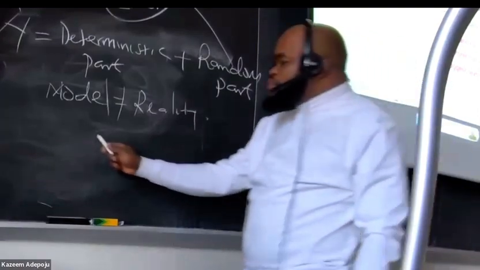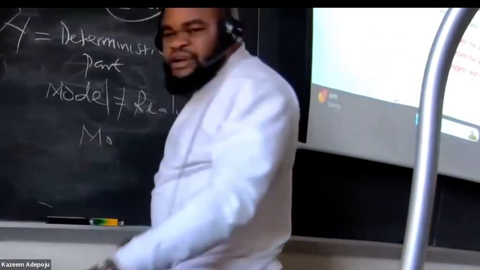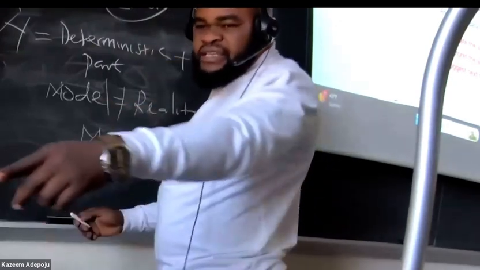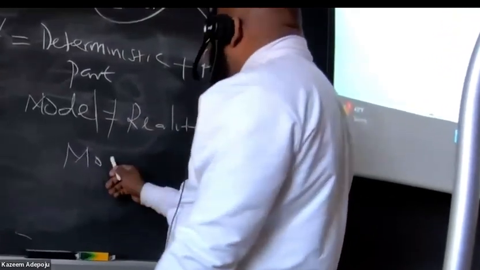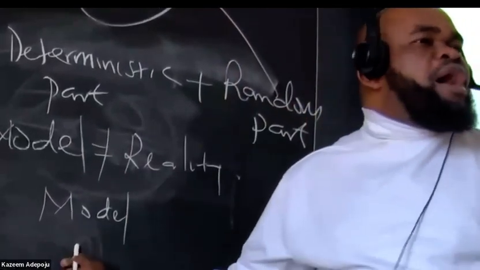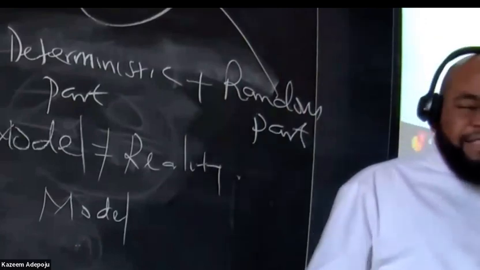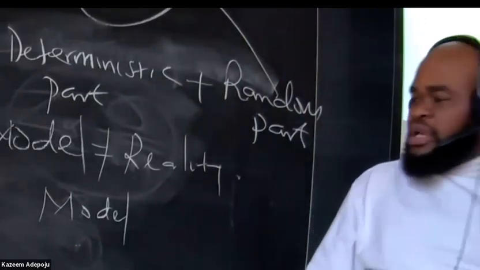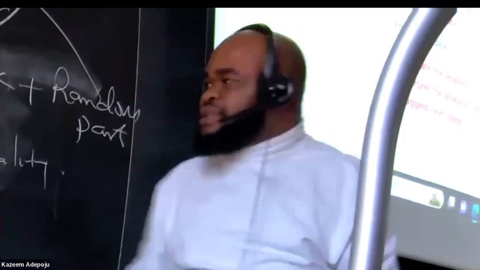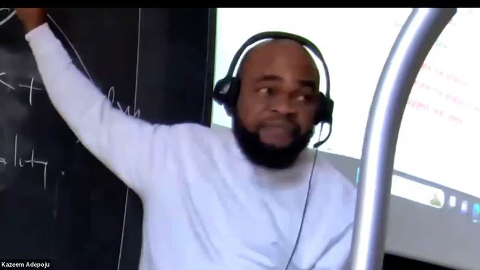Now, in model evaluation, what we evaluate is the model. How do I know whether my model has done a great job? If I really want to know that, I'm going to revisit the assumptions.